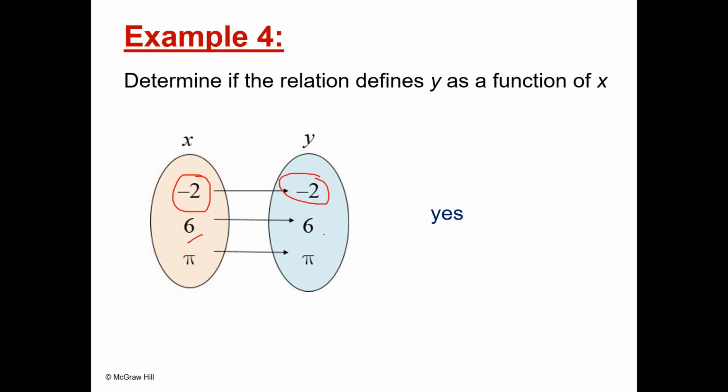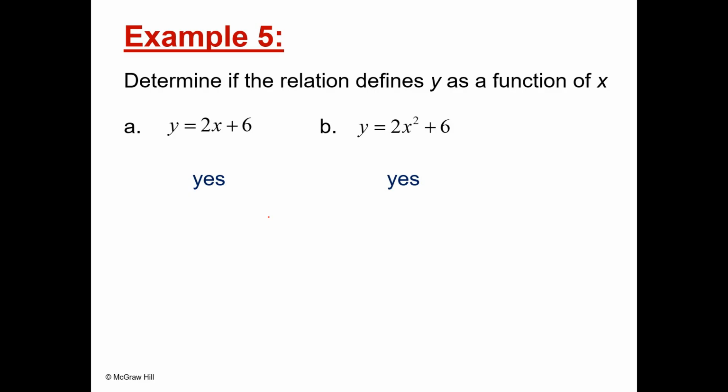For x equal to 6, y is equal to 6. And for x equal to pi, y is equal to pi. So there are no two values for x. This means that this is a function.